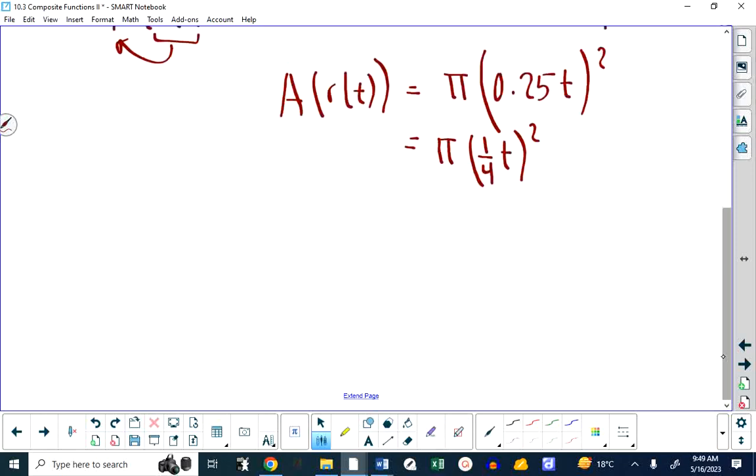When I square 1/4, I get 1/16. So this is A of r of t. And again, it's just the formula that allows us to put t in and calculate A. Diploma exams aren't particularly interested in these types of applications, but you never know when one might pop up.